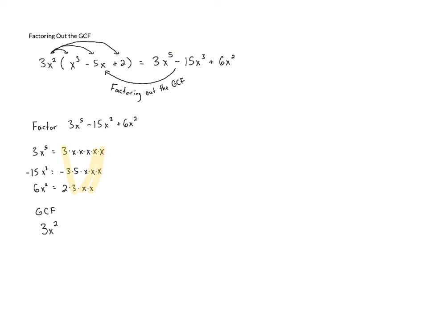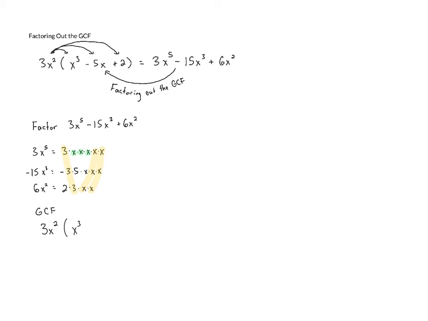Now, looking back, we've got this x cubed minus 5x plus 2. If we ask ourselves where that comes from, we can look at the leftovers here. In the 3x to the 5th, we're left with 3 factors of x, which gives us x cubed.